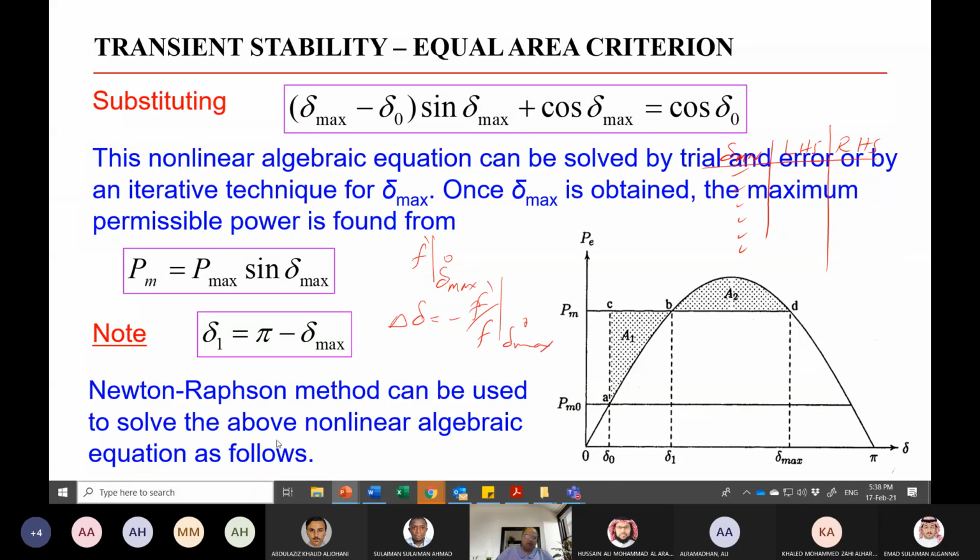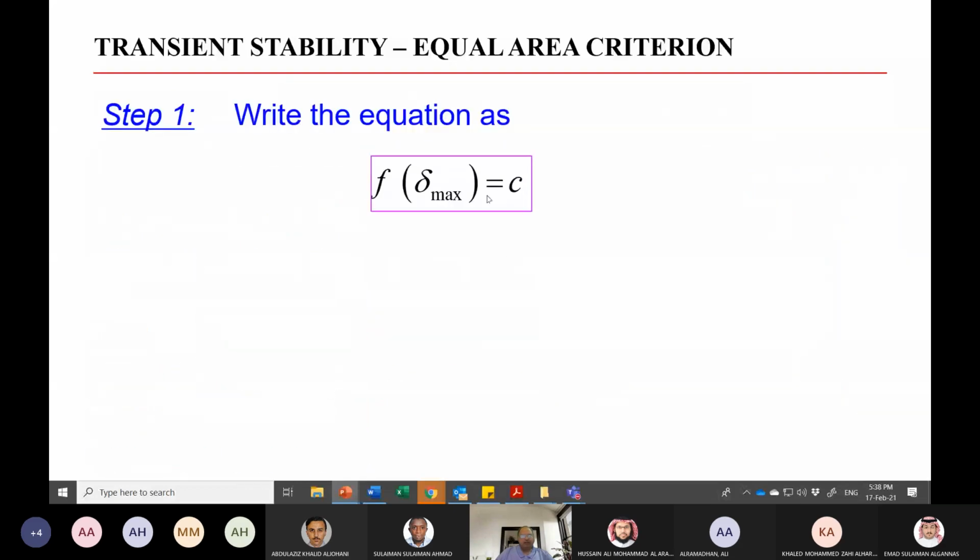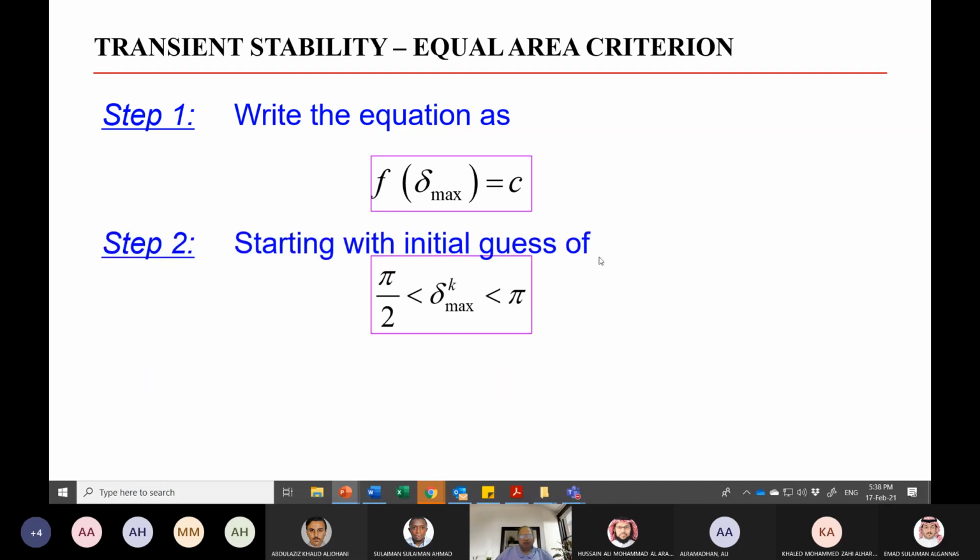It is similar to what we applied in load flow studies. For this equation, you can combine delta max on one side and have a constant value on the other side, and then start with the initial guess.